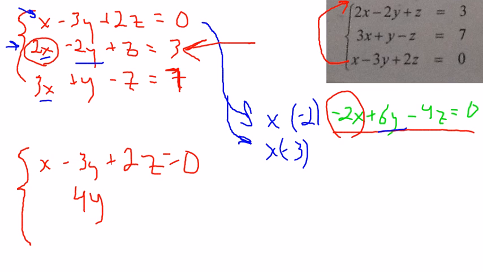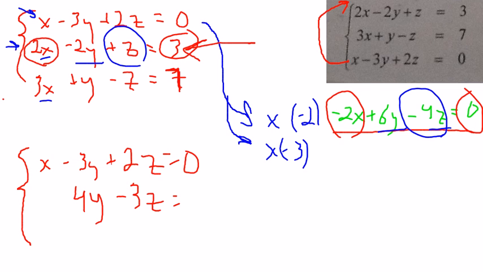Then I take the negative 4z and the z, add them. That gives me negative 3z. And that equals, well, 0 and 3, add to 3.